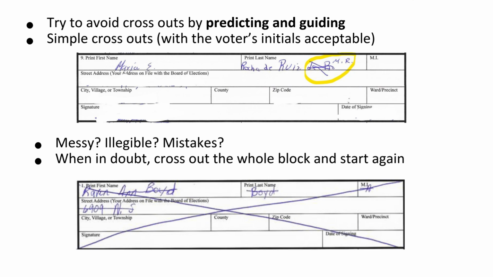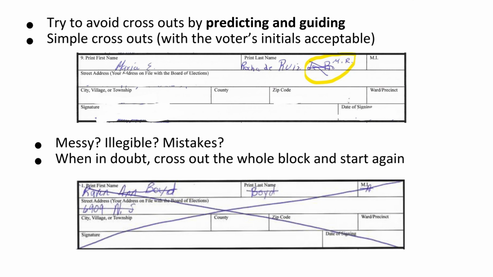Now, if they make too many mistakes, we're going to cross out the entire box just like this. Not the entire page, just that one box, and then have them start in a brand new box. It's not worth the risk of it being invalidated because of mistakes. So see, this person here wrote their last name in the first box, but it should have been over here. So they crossed it out, and then she had moved, so she forgot she was going to put her other address, so she started crossing it out.